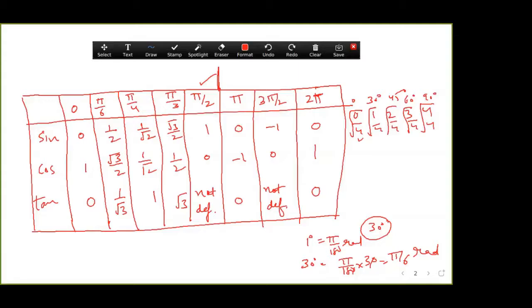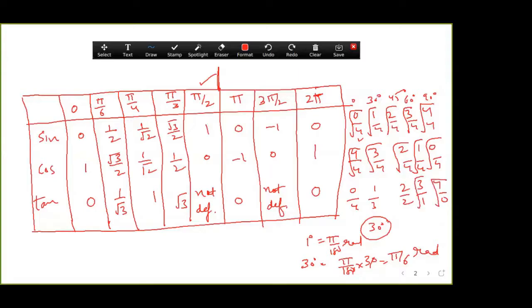In the case of cos, reverse counting 4, 3, 2, 1, and 0, dividing by 4 and taking the square root, we get the values of cos. Or in the case of tangent, taking sine by cos, this will give you the values of tangent from 0 to 90 degree.